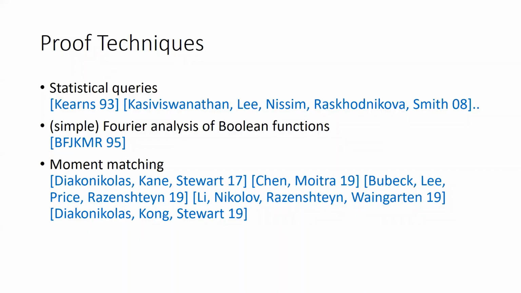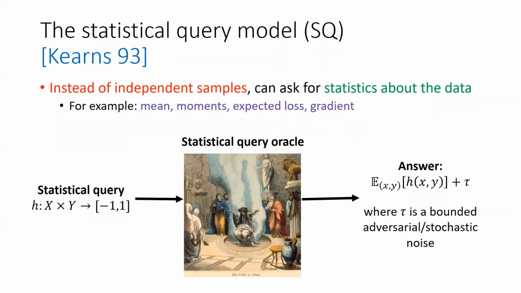Now we'll move to discuss the proof that uses statistical queries, simple Boolean analysis, and moment matching. These techniques were also used by prior work to derive lower bounds. I'll start by discussing the statistical query model. Here, instead of getting samples from the distribution D, we will learn from queries on the distribution.